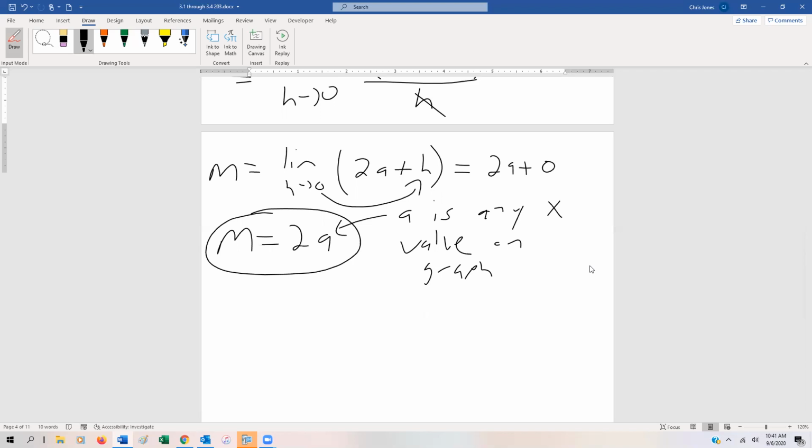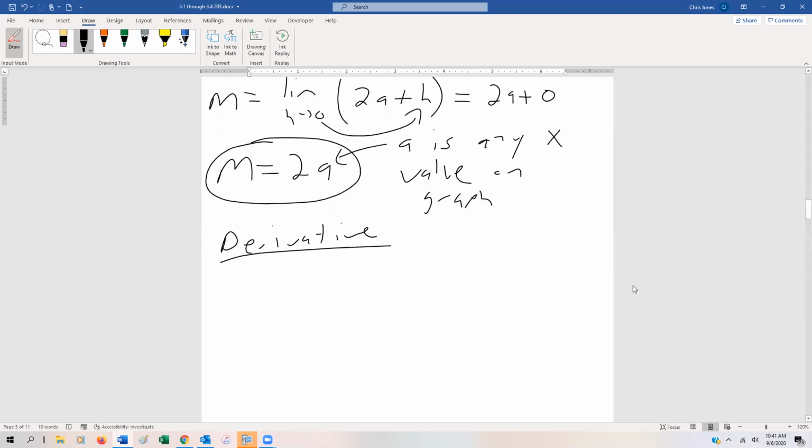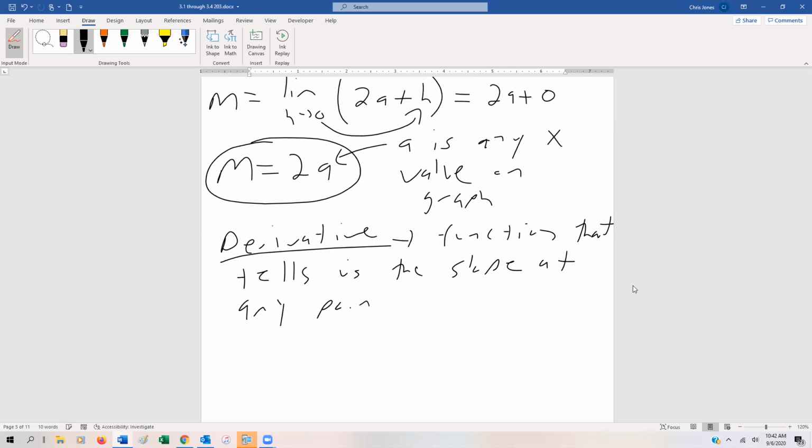And that's called the derivative. The derivative is a function that tells us the slope at any point on the function. Okay, so it is a function that tells us the slope at any point on a graph.